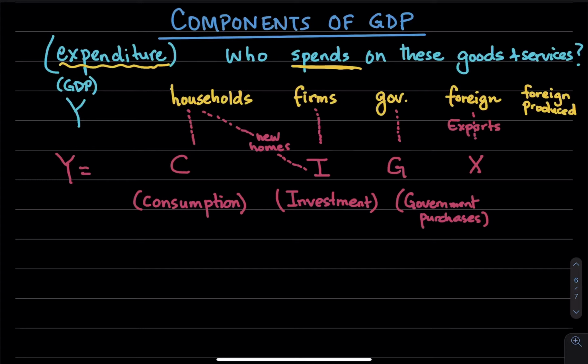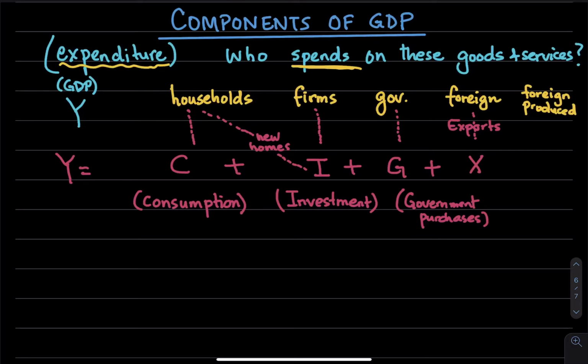Okay, so if we add all of this up, all of the spending we're doing as households, all the spending that firms are doing, whether households are spending on new homes, or firms are spending on software for their employees, or buying office spaces and things like that, and if governments are spending on national defense and healthcare, etc., all of that can be added up, and all the expenditure that people outside of the United States are doing on things that are produced here.